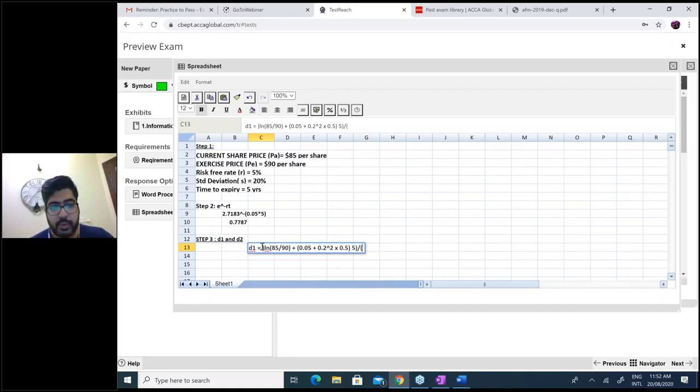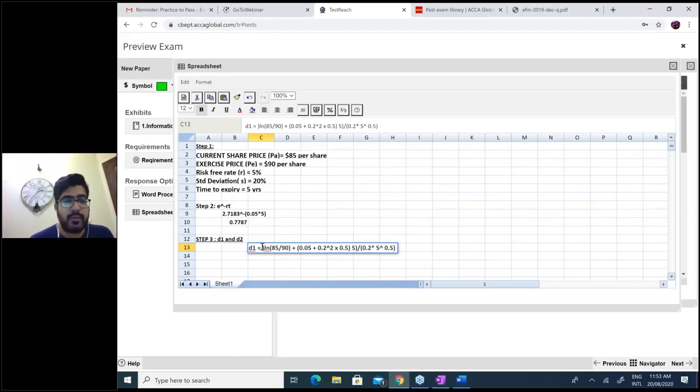S root T. So what is S? 0.2. For root we take power 0.5 of T. So multiply by root T. So you need to take the root of T. It's 5, power 0.5. Okay.